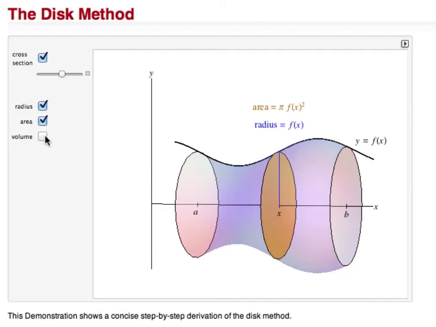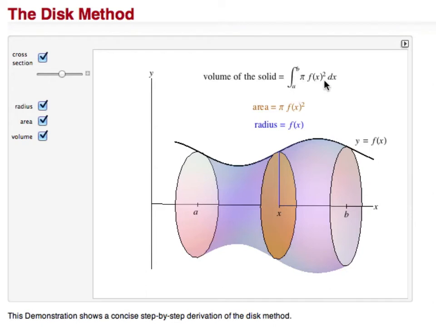Now if we wanted to find volume, the volume of the solid is going to be the sum of all of these little disks from A to B. And remember, our definite integral is basically finding that sum.